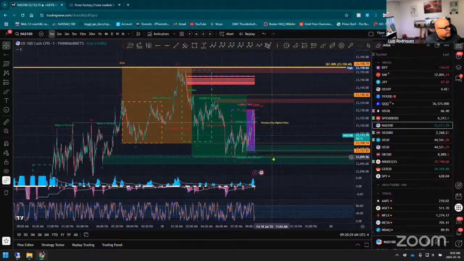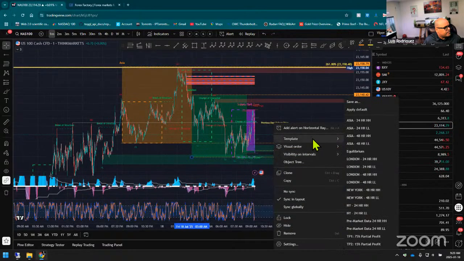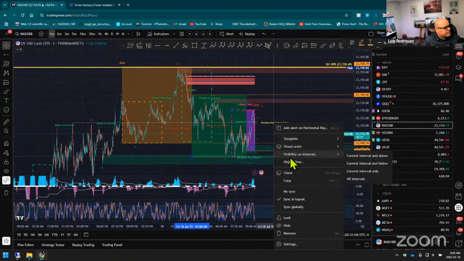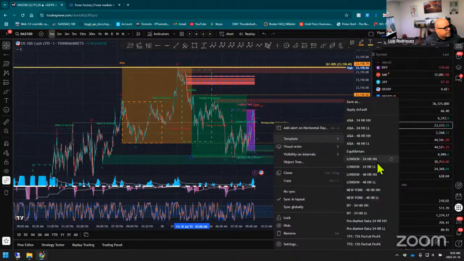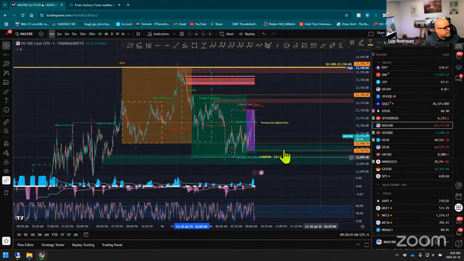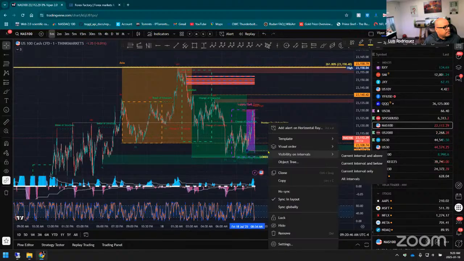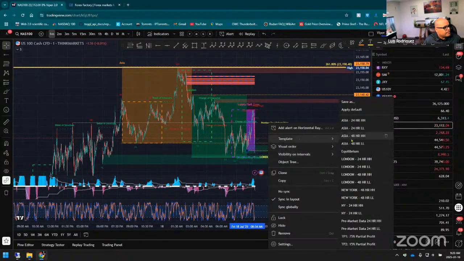So this is London low in the last 24 hours. New York low in the last 24 hours.